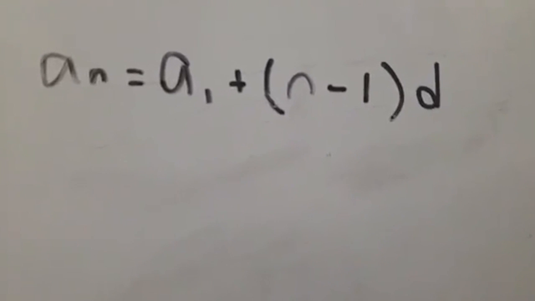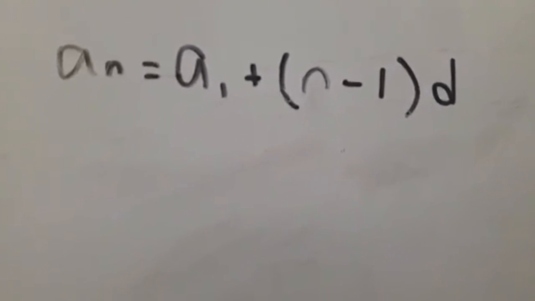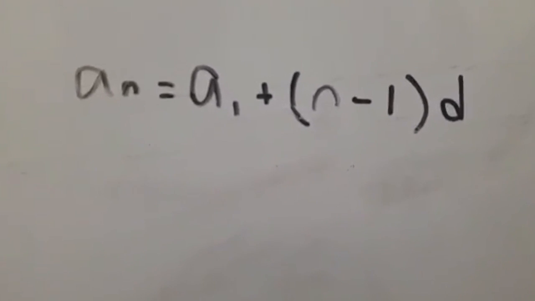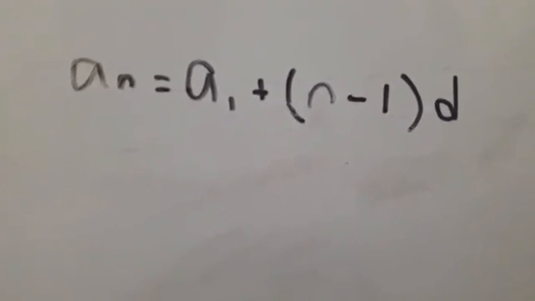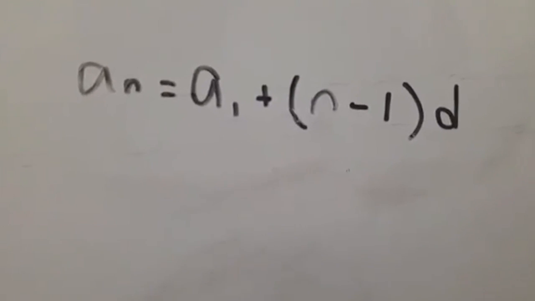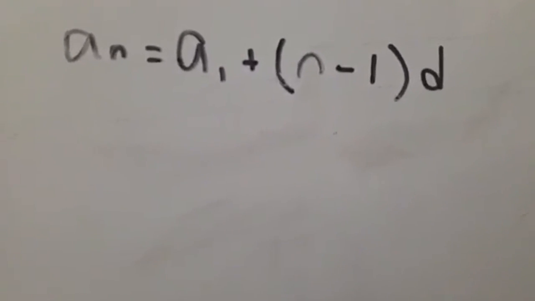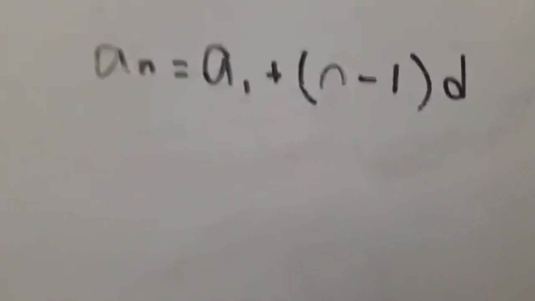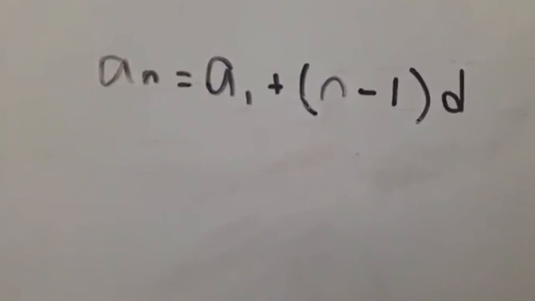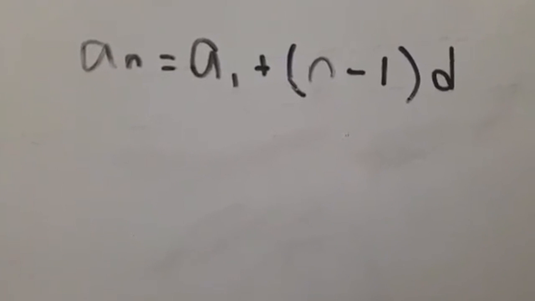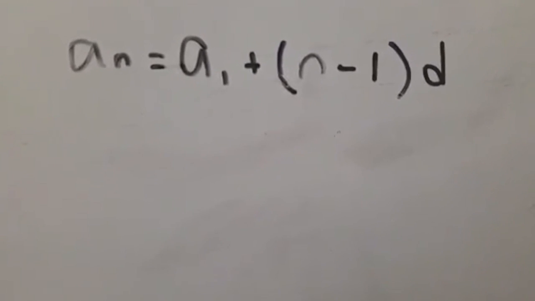And now for the second problem. Find the 30th term given that the first term is negative 3 and the common difference of the terms is 2. The first thing we have to do is write down what is required from us and what we have been given.